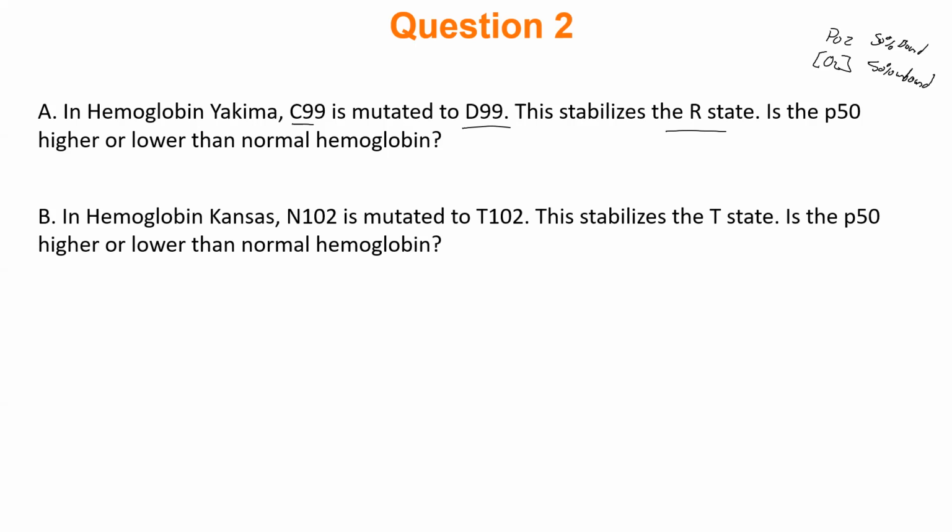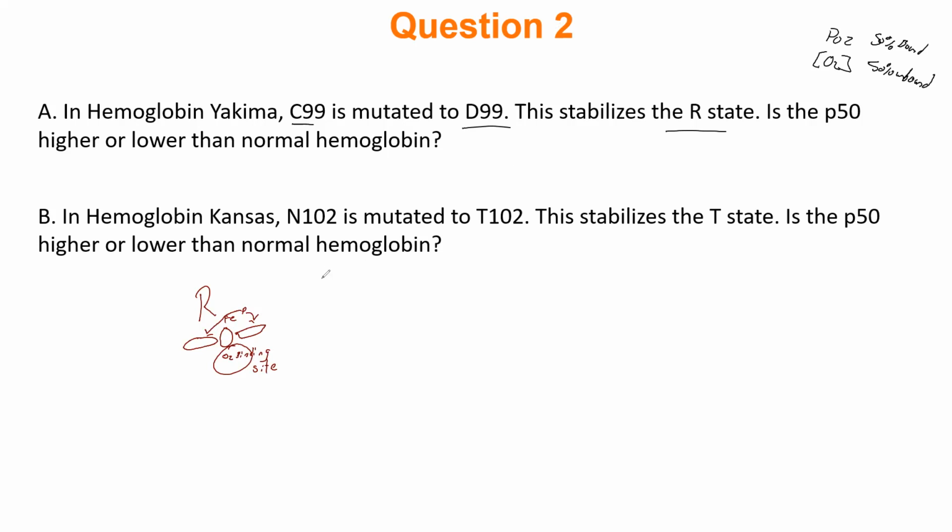Let me do some drawings just so we remember, and I'm going to color code it. So if you're in the R state, so that's iron, and these are our porphyrin rings, which I'm just going to write P instead of porphyrin. And that's our oxygen binding site. Oxygen is in the plane of the rings, ready to bind that oxygen.